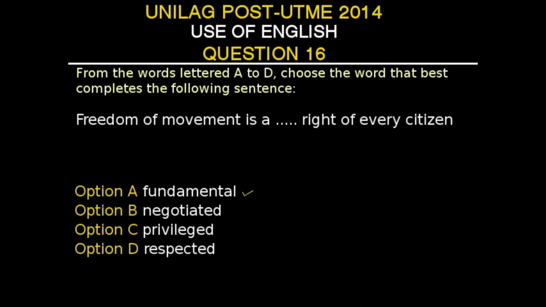Privilege would mean it isn't a basic necessity and it is only a special right or advantage some individuals might have, which is also inaccurate. Just the same goes for respected. And so option A, fundamental, remains the valid option.